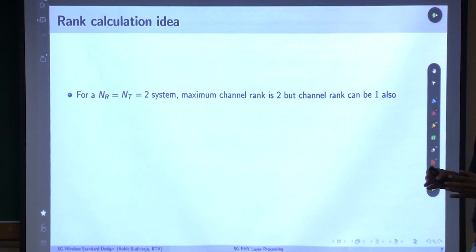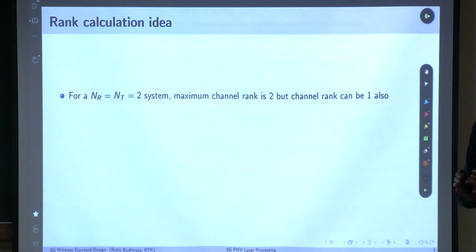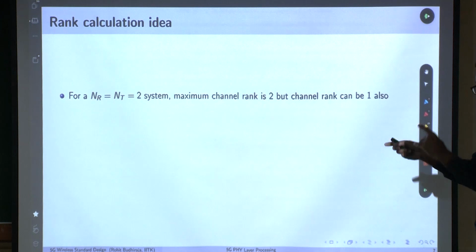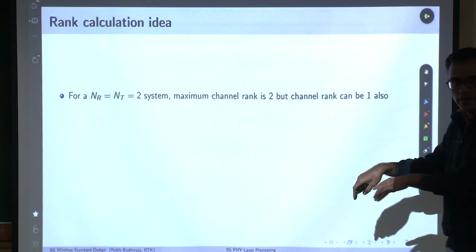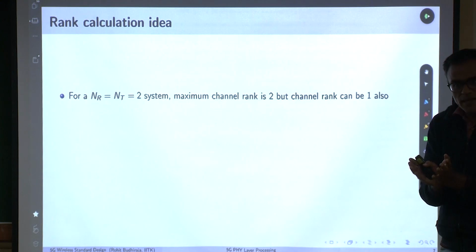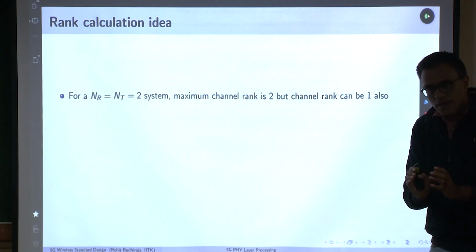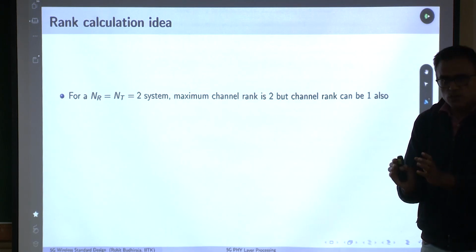So what is this rank? We are looking at a channel H for the system which we considered earlier: the transmitter has 2 antennas, the receiver has 2 antennas. So what is the dimension of the channel matrix? 2 cross 2, right?